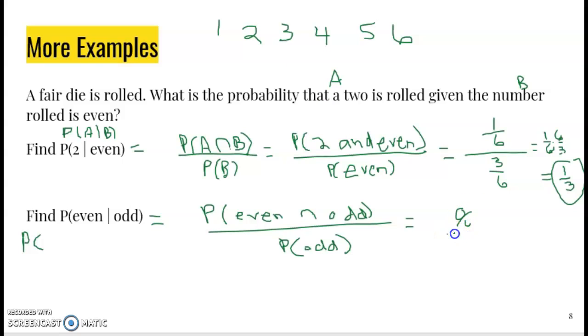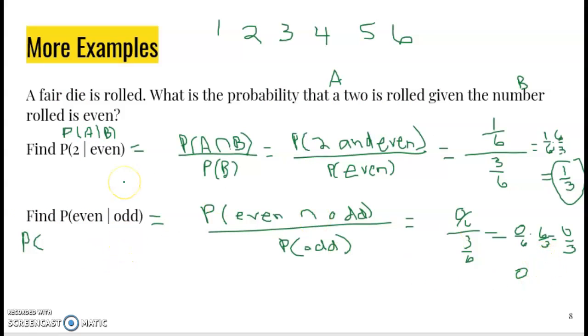And the probability that you would draw an odd, obviously, would be 3 out of 6. So when we divide and multiply by the reciprocal, we're going to have 0 divided by 3. We know that that answer is 0, this is impossible. It's impossible for you to roll an even number given the number rolled is odd.